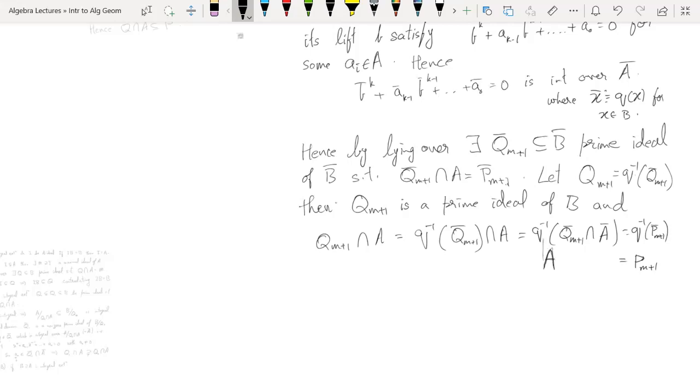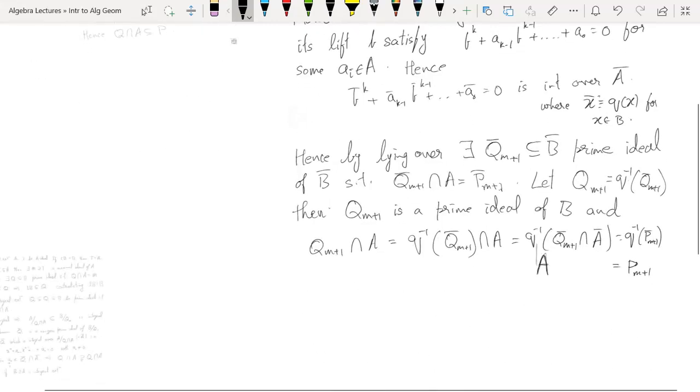So it's actually Q followed by I followed by Q. So Q composed I. So you get PM plus 1. So that completes the proof of the going up theorem as well.